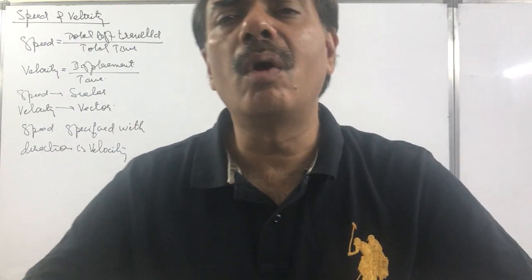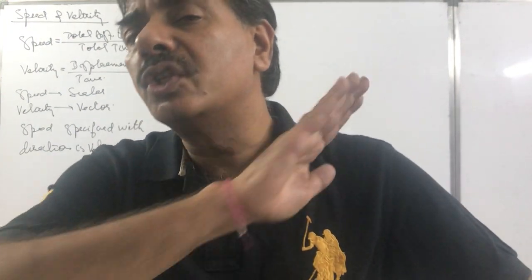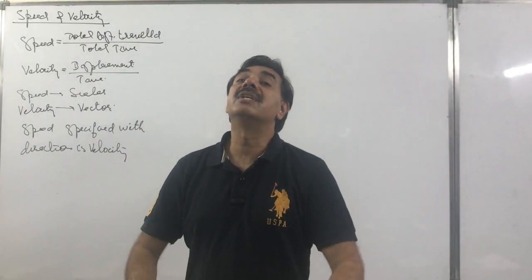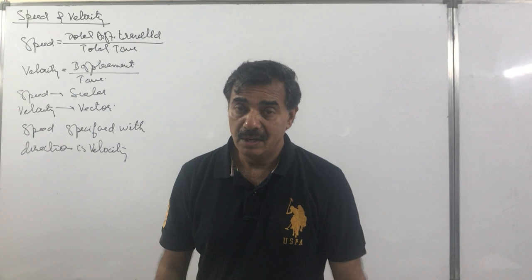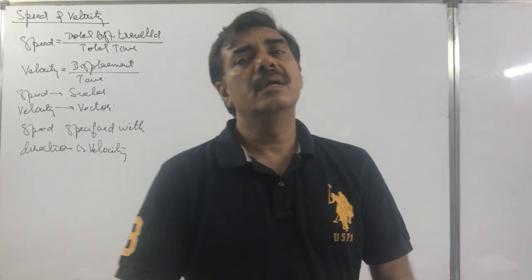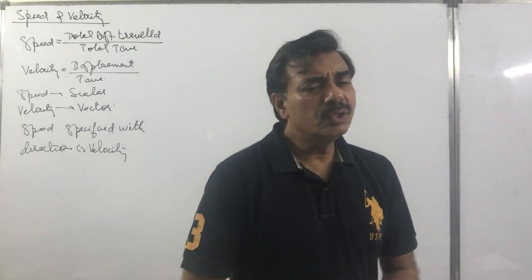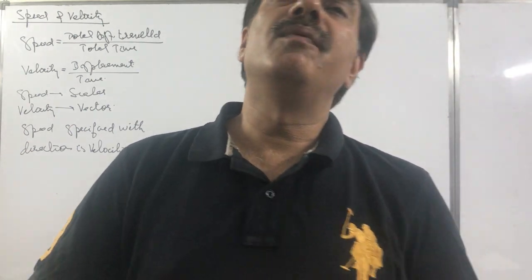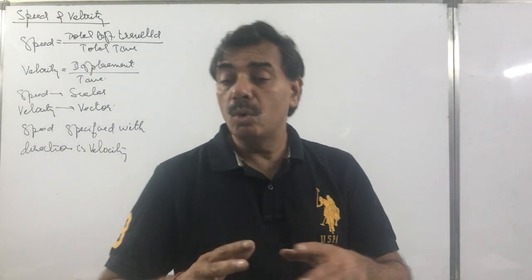For a particle moving along a straight line and not changing direction, speed and velocity would mean the same. Actually, you have not done a lot about velocity in your junior classes. You just know the term.